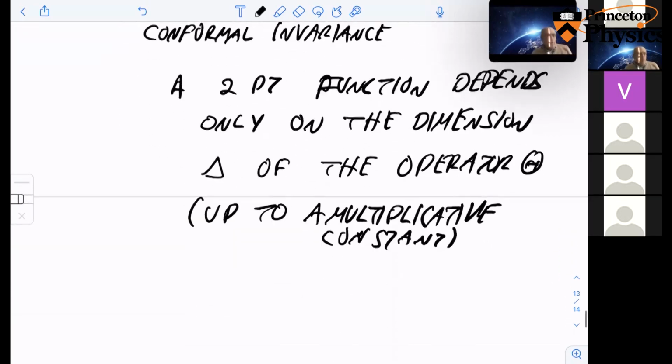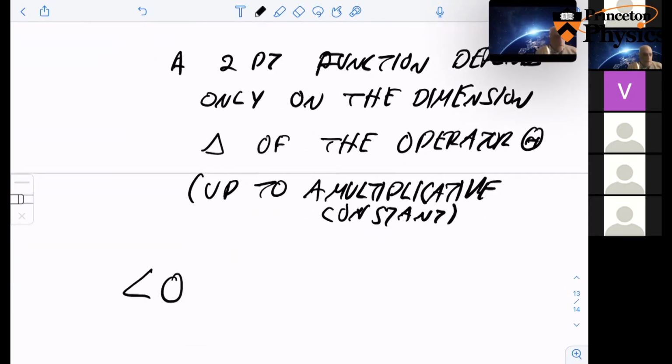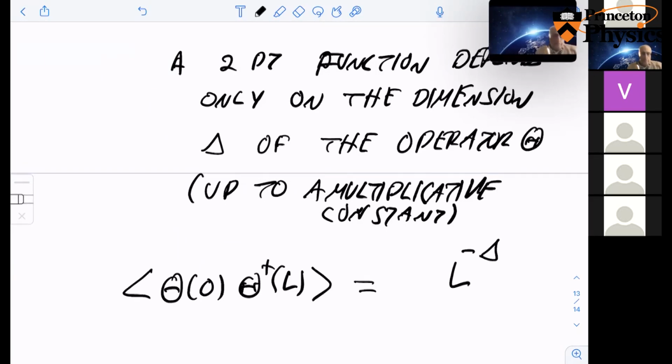So conformal invariance implies that theta of 0 times theta dagger of L can only be L to the minus delta. Oh, sorry, minus 2 delta because there are two operators.